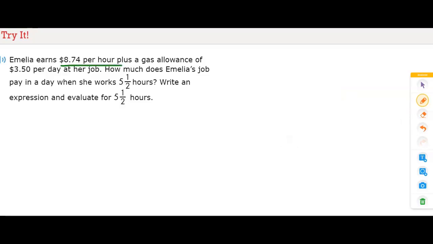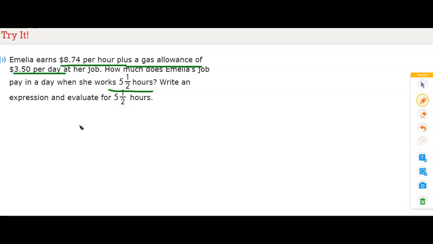Amelia earns $8.74 per hour, plus a gas allowance of $3.50 per day. The question says, how much does Amelia's job pay in a day when she works 5 1/2 hours? Write an expression and then evaluate for the 5 1/2 hours.